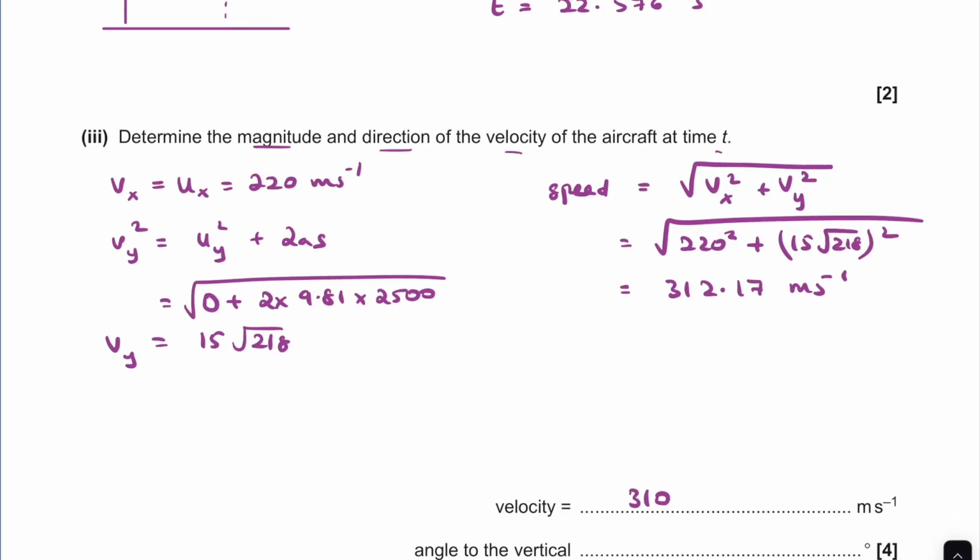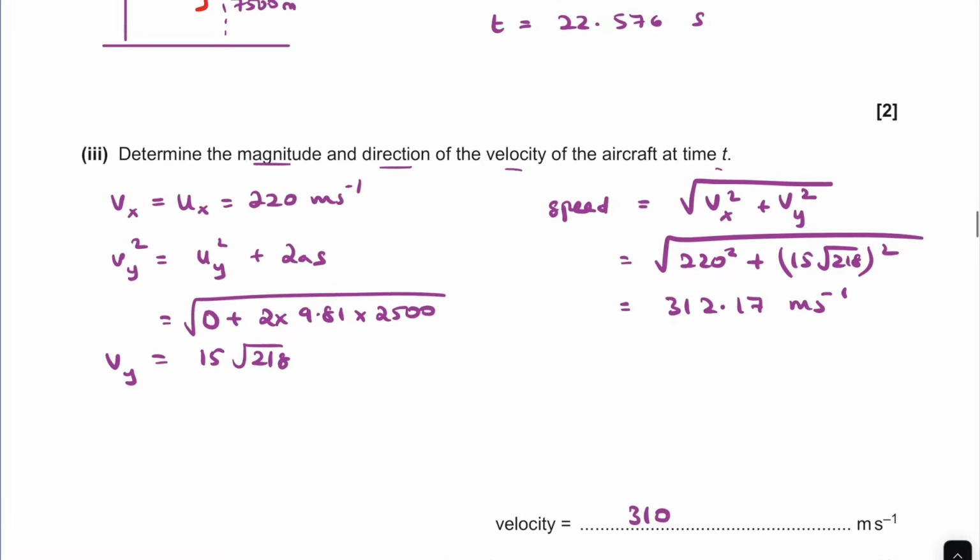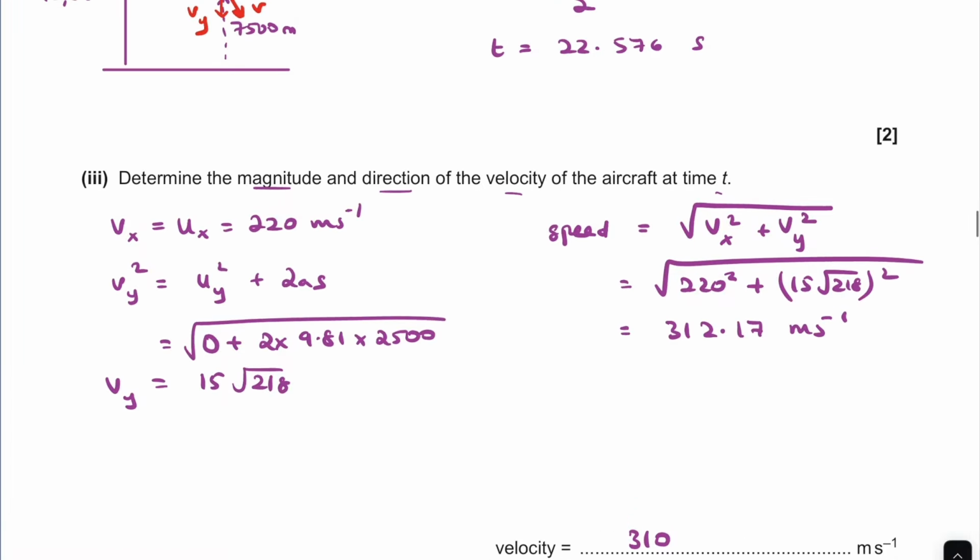Then it's asking us to work out the angle to the vertical. If we look at this diagram, we have vx, we have vy. It's asking us what would be this angle right here. That would be tan inverse of the vx component over the vy component.